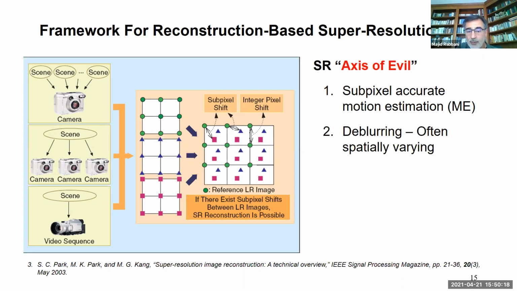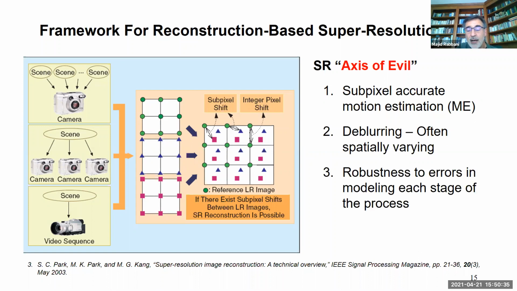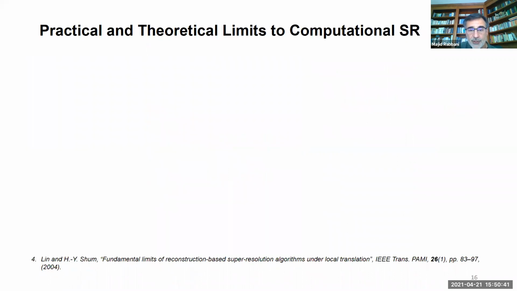You need to do deblurring, as we will see. And sometimes this deblurring is quite challenging. It could be spatially varying blur, because as you make these multiple captures, your blur can vary from one capture to the other, and even within a capture, it could vary. And then your models may be incorrect. We all make mistakes in modeling. So how do we combat all of these issues?